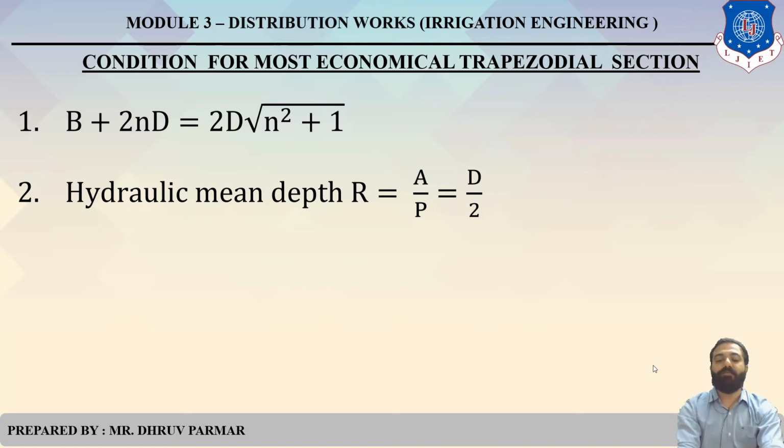There are other types of canal, like circular or square, but in irrigation we only consider the trapezoidal section. The second condition is R equals A by P, which is D by 2. If you have any difficulty in the derivation, you can see the video on fluid mechanics hydraulics on our channel.